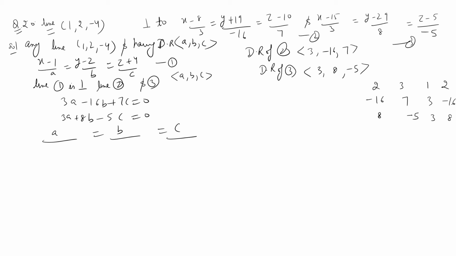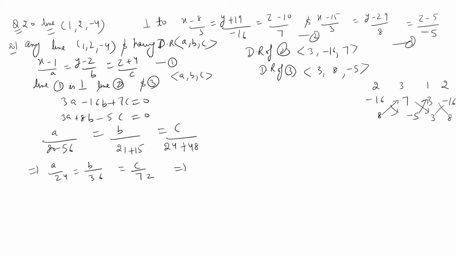So this is 80 minus 56, 21 plus 15, and 24 plus 48. So this implies a upon 24, b upon 36, c upon 72.